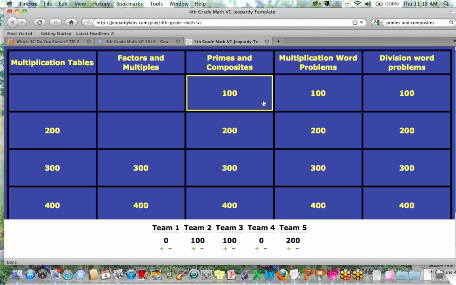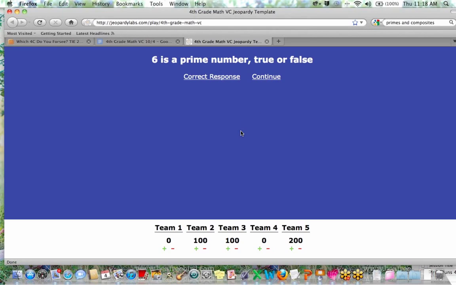All right, primes and composites for 100. Here we go. 6 is a prime number, true or false? Into your chat. And yeah, send it to me privately so no one else can see the answer right away. True or false? Okay.